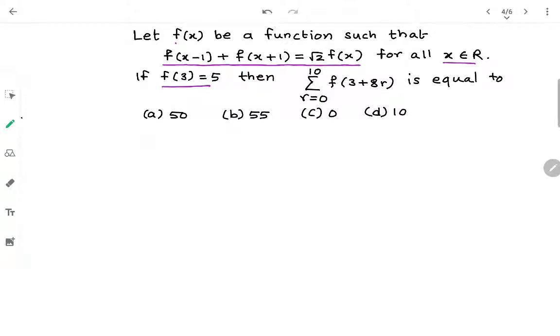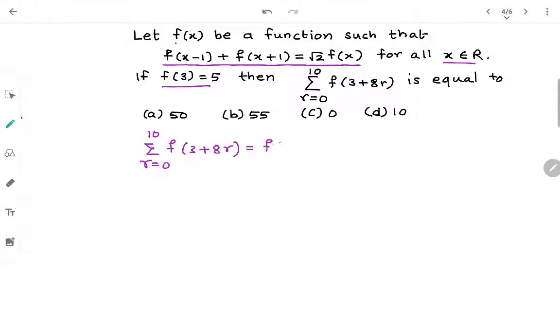So first of all, let's see what is to be found out. The summation r equals 0 to 10 of f of 3 plus 8r. As we can see, every eighth term is added here.